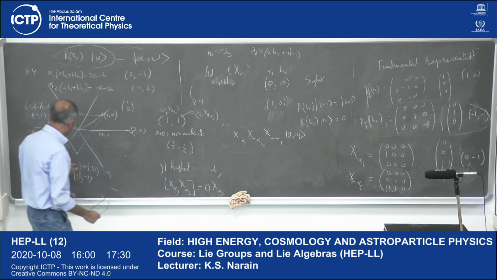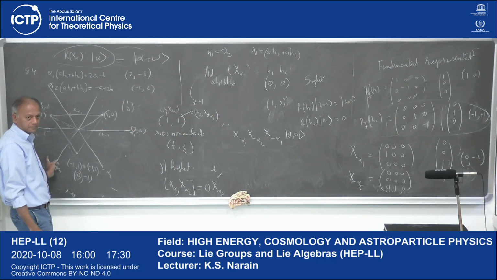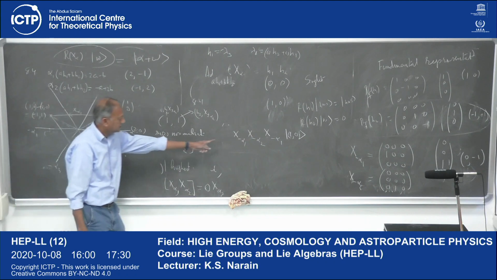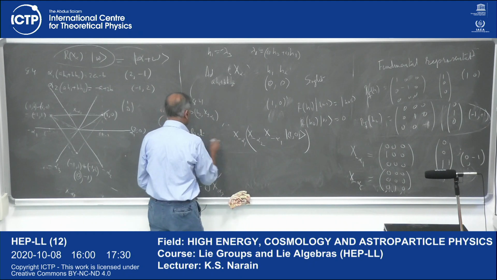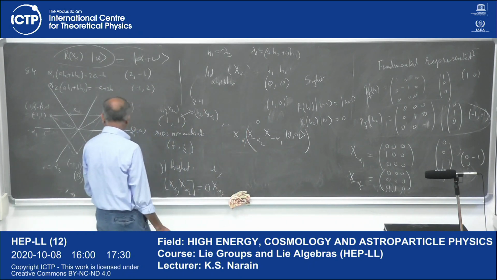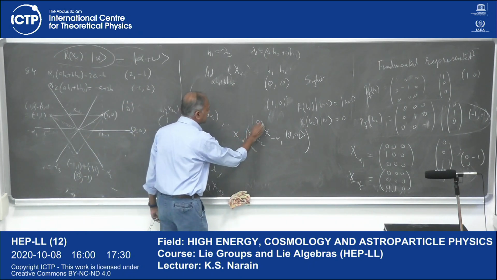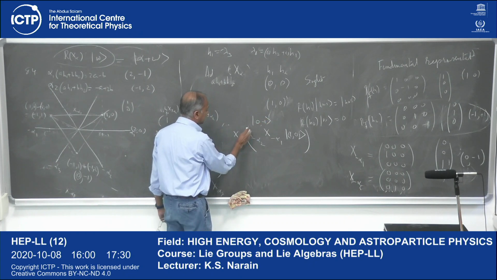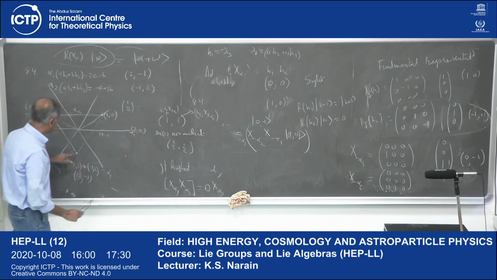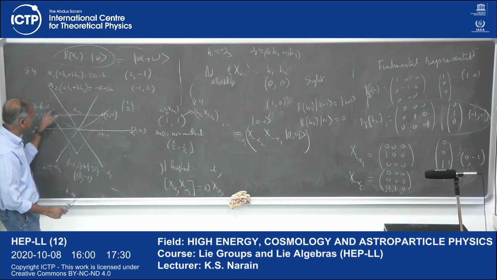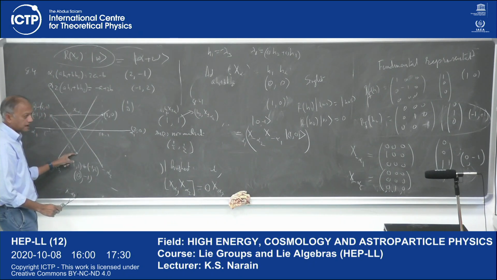So now you're asking whether, if I apply x minus alpha 1, do I get something? This state is what we call the 0, minus 1 state, because we reached here by first applying x minus alpha 1, then x minus alpha 2.